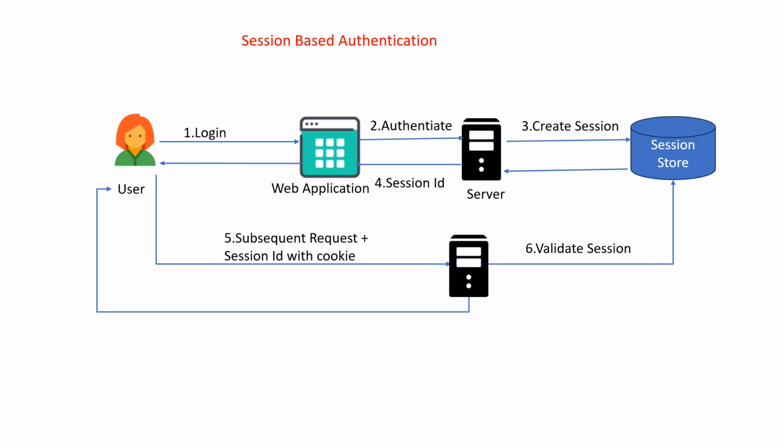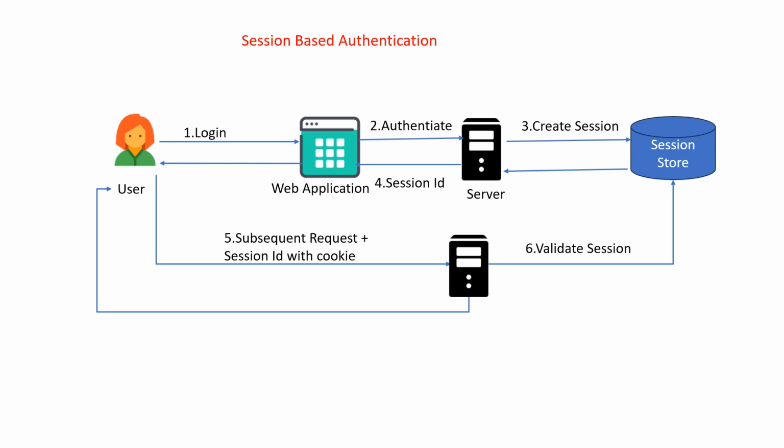So in a nutshell, at the first interaction with the system, the user provides their credentials, and once the server is able to authenticate the user, we create the session ID and some other parameters, and we persist them in the database or the caching store.